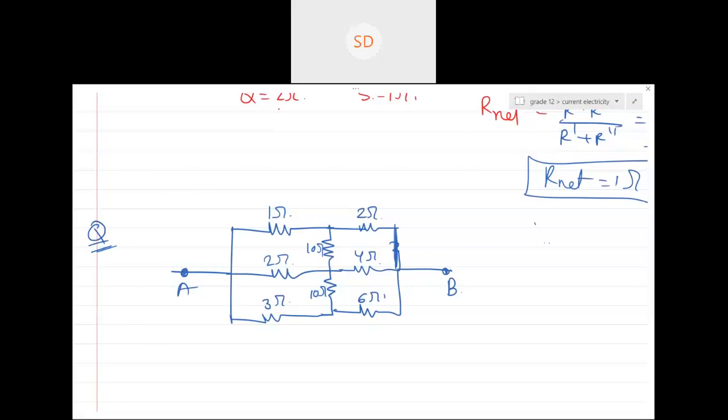Basically, the Wheatstone was a concept. How are we dealing with this? This is the application, okay?